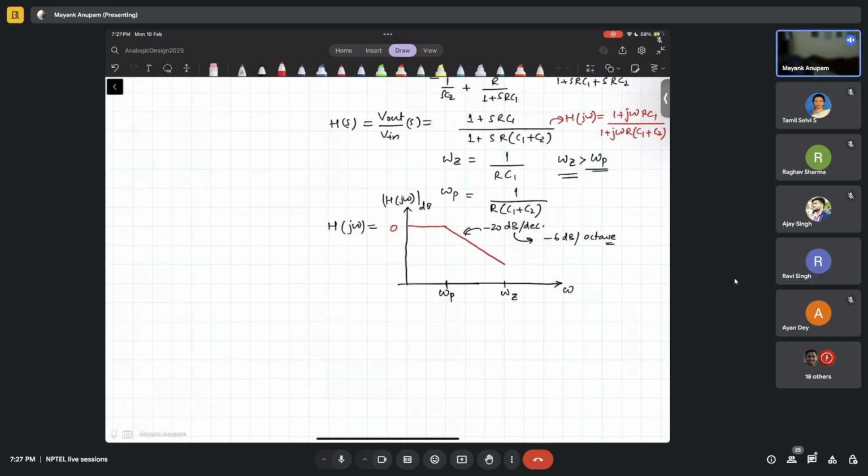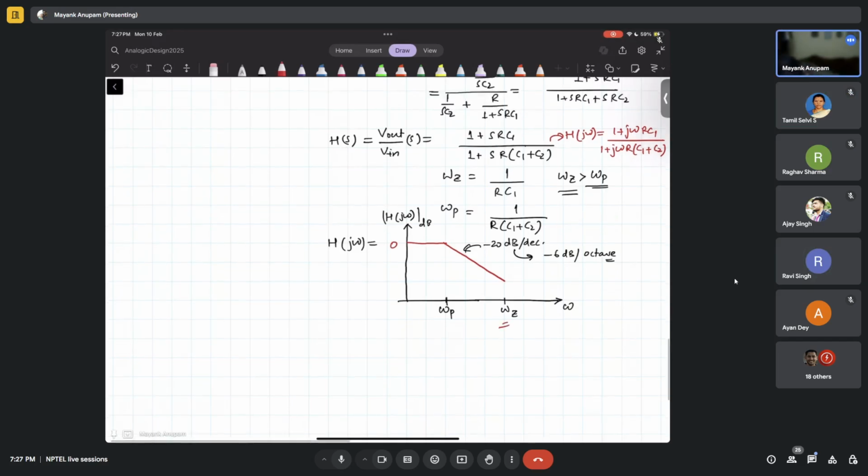But what happens after this omega z? Can you tell me here? What happens when omega becomes much greater than omega z? Gain will become constant after omega z, right? What will be the gain?